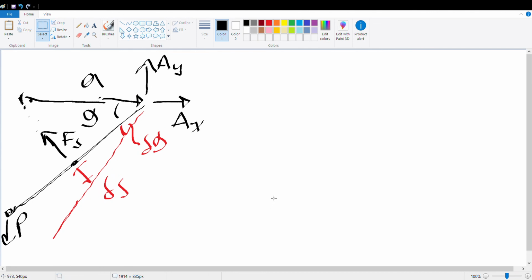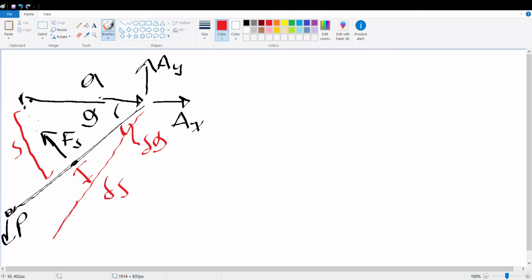Okay. First thing first, let's write the spring force. So S is the position of the spring here. Now, if you remember, the force of a spring is K times the displacement that the spring undergoes with respect to its original position.